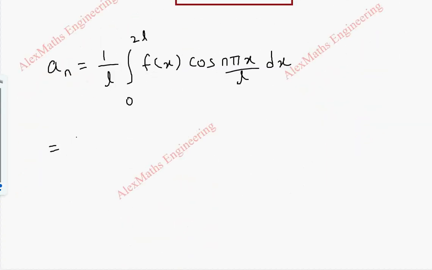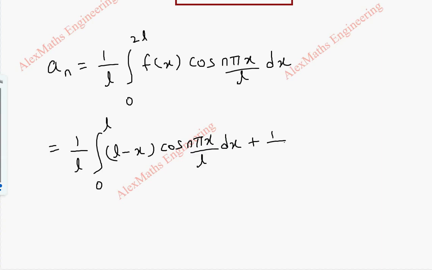Now again, this is 1 by L integral 0 to L minus x into cos n pi x by L dx, and this is 1 by L integral L to 2L and function value is 0 into cos n pi x by L dx.